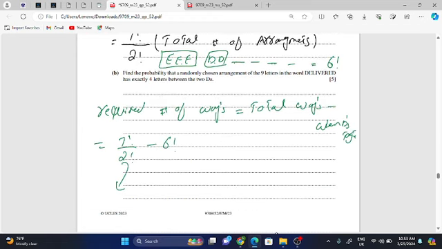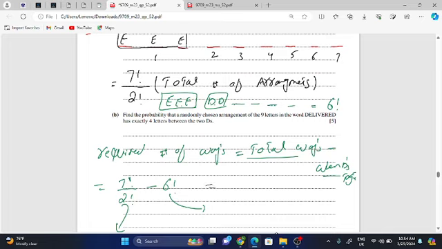That is the total number of arrangements without any restriction, and 6 factorial is the arrangements whenever these two D's are together, and I have to find the arrangements when no D's are together. So total ways minus when two D's are together. In this way you can write that expression, and once you solve it on your calculator you will get the same result, 1800.